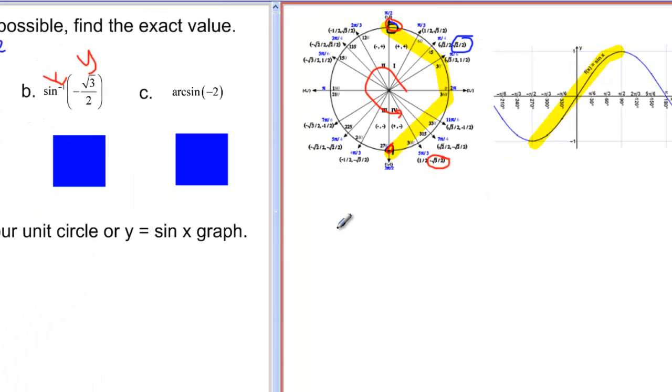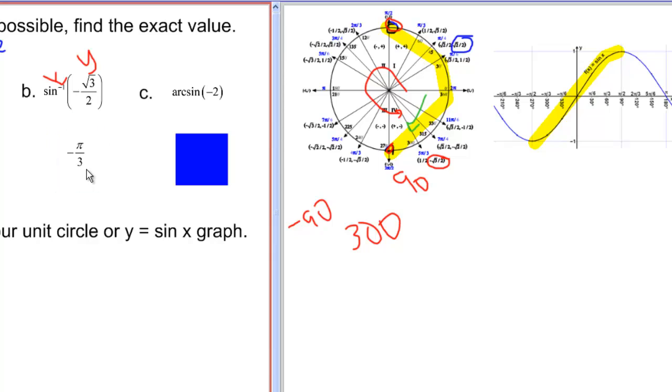The domain has to be between negative pi over 2 and pi over 2, or negative 90 to 90. 300 on a number line is not in between negative 90 and 90. So what you need to use is the clockwise direction, or the negative angle. So the negative angle would be negative pi over 3 or negative 60 degrees.